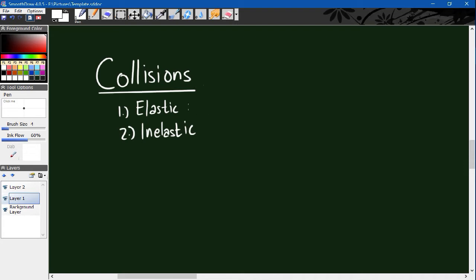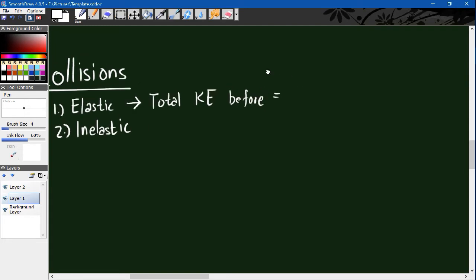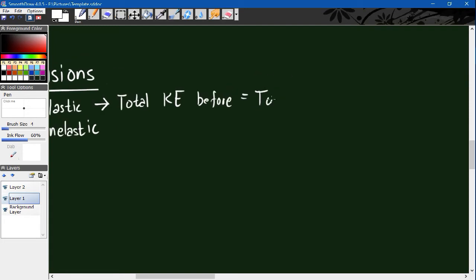So what the heck do these mean? What does it mean for a collision to be elastic and for a collision to be inelastic? Okay, that's simple. If a collision is elastic, that means that the total kinetic energy before the collision is the same amount as after the collision.